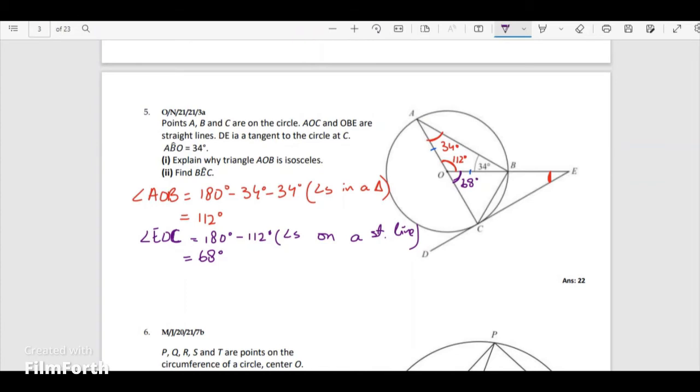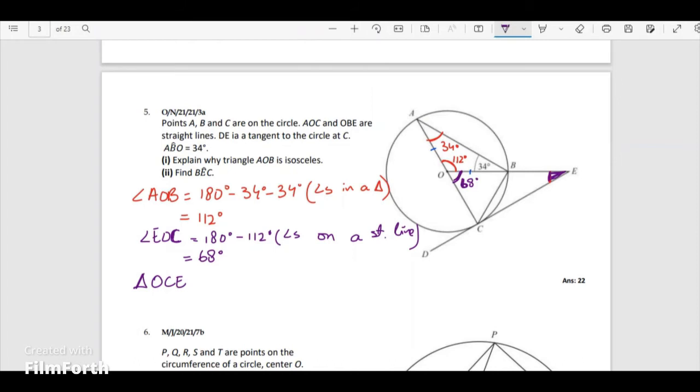The reason why I found this angle is because what I have to find out is this E angle right here, and this lies in triangle OEC or OCE, whatever, triangle OCE. If I'm thinking about the angles in a triangle, I need to know at least two angles here.